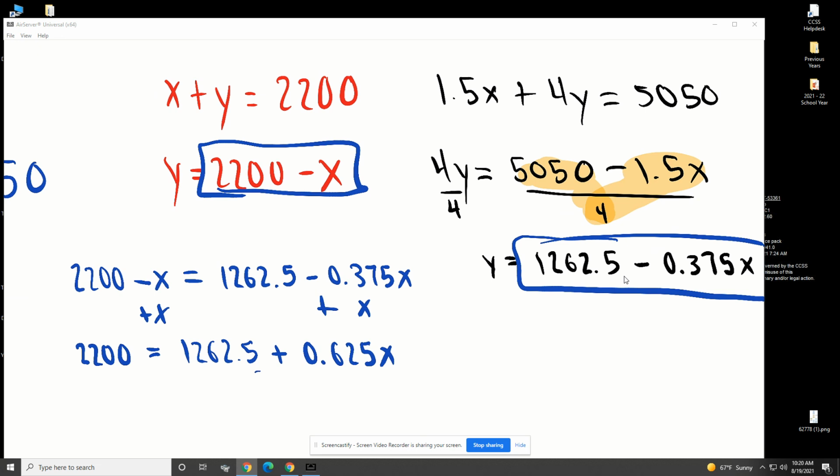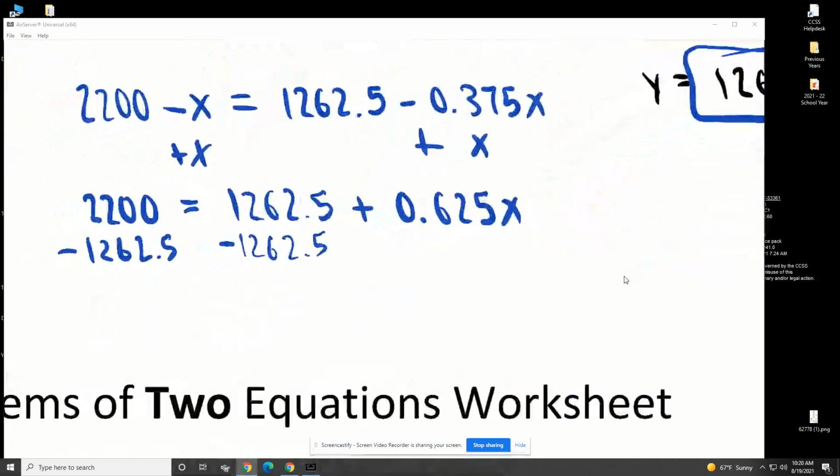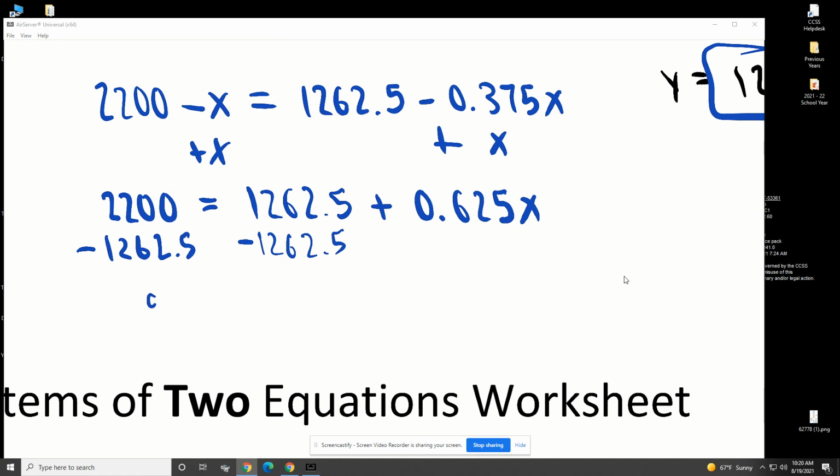Subtract. We're going to subtract that 1262.5, right? So type in your calculator, 2200 minus 1262.5. That's 937.5. 937.5 is exactly right. And that equals 0.625x.